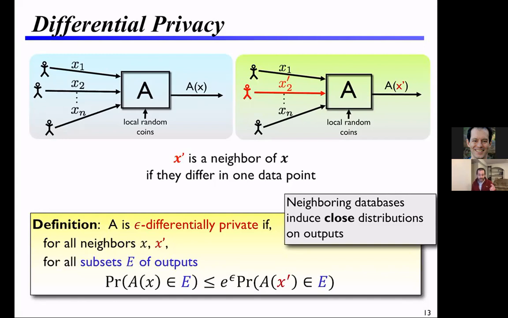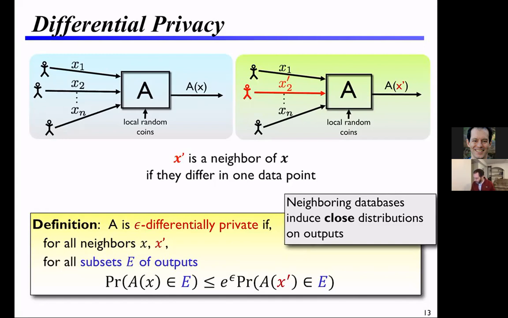We'll say an algorithm A is epsilon differentially private if for every pair of neighboring data sets, x and x prime, and for all subsets of outputs, the probability that we get an output in this subset under x and under x prime should be about the same, and they should differ by a small multiplicative factor.